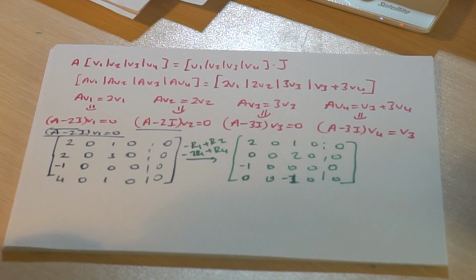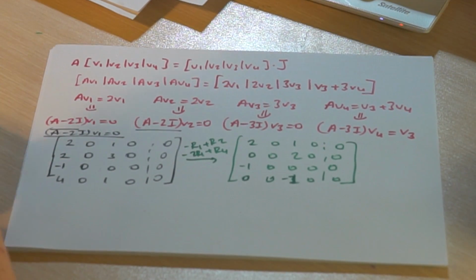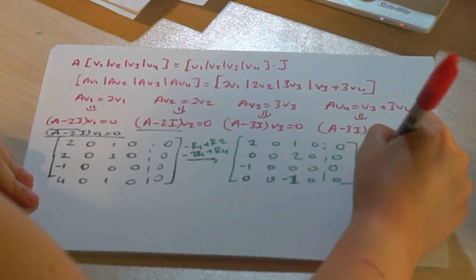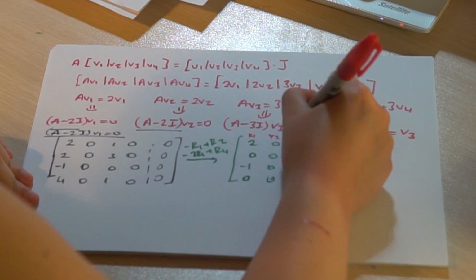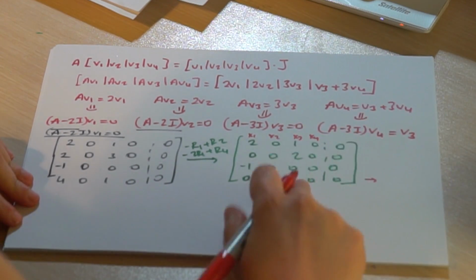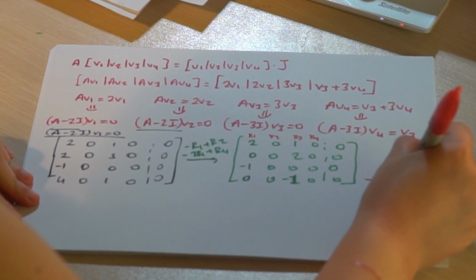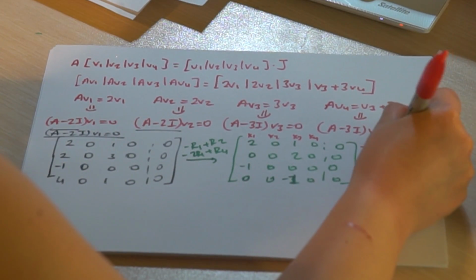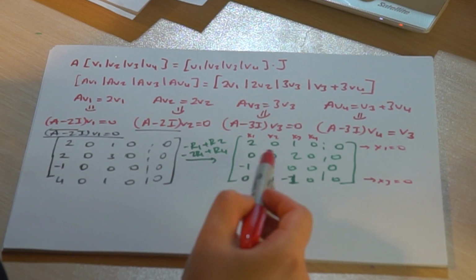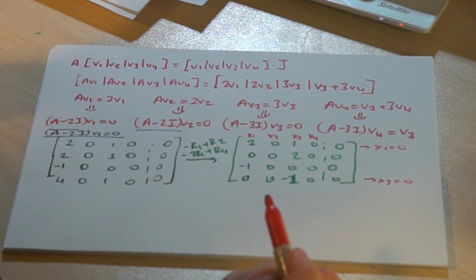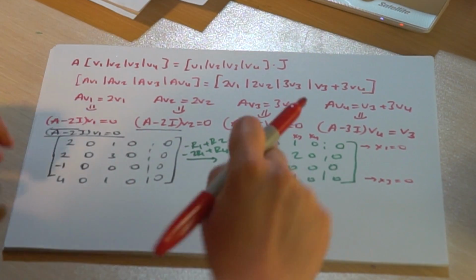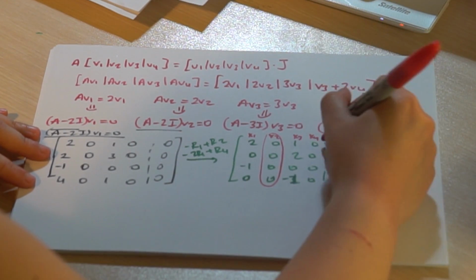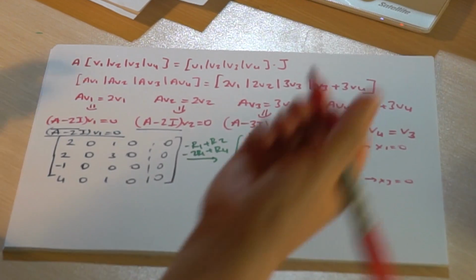Now from here we can see that, let's say this is x1, x2, x3, x4. x3 is equal to 0. Since if x3 is equal to 0, x1 is equal to 0, and these are again true. So x2 and x4 are arbitrary.